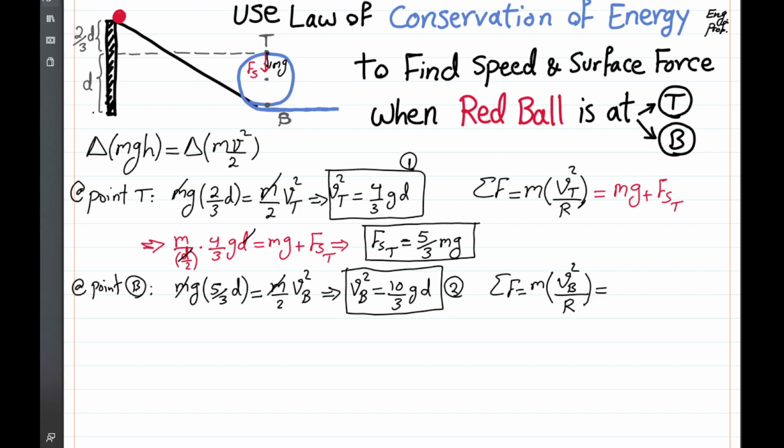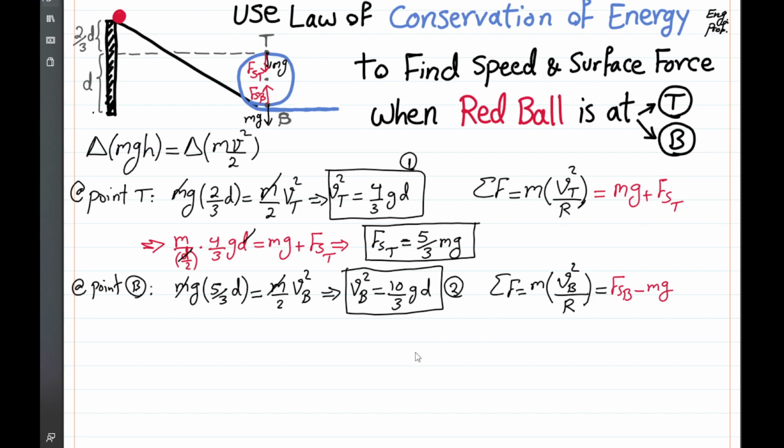At the bottom, we have mg again, but mg is downward, obviously, the gravity, the weight. And then we have the force exerted from the surface on the ball, Fs at the bottom. So this is Fs top, this is Fs bottom, shown here. So we can write Fs bottom minus mg.